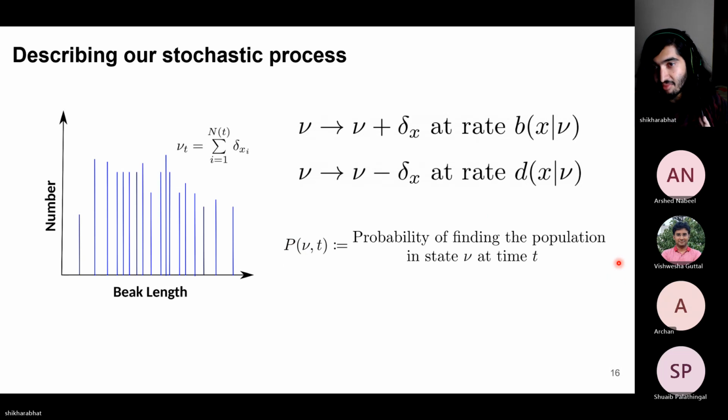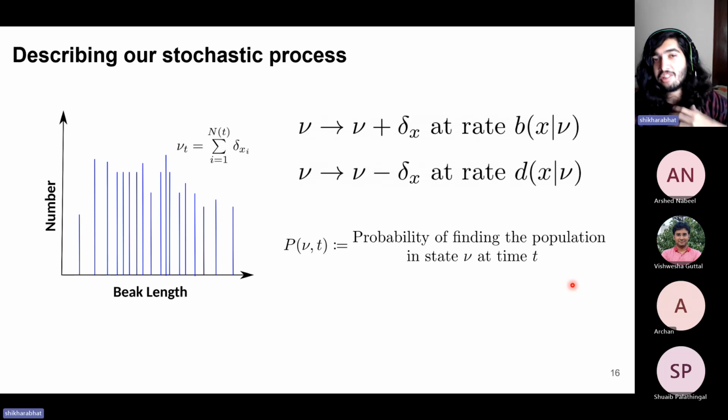But if I have two-dimensional or higher dimensional traits, you typically can't even find this sort of function. This is called a density function. You cannot find a density function in two or more dimensions very often. But in one dimension, we're okay. This is why I'm restricting myself to one-dimensional traits.